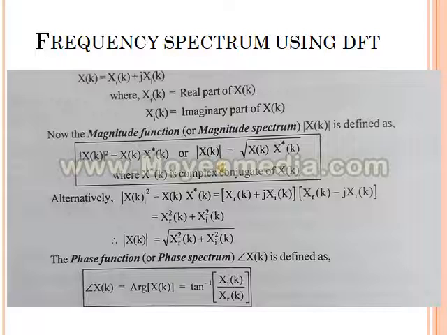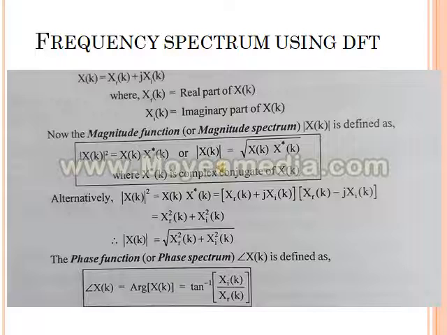Now X[k] has a real part as well as an imaginary part. So X[k] is equal to Xr[k], that is the real part, plus j Xi[k], where Xi[k] is the imaginary part and Xr[k] is the real part of X[k].